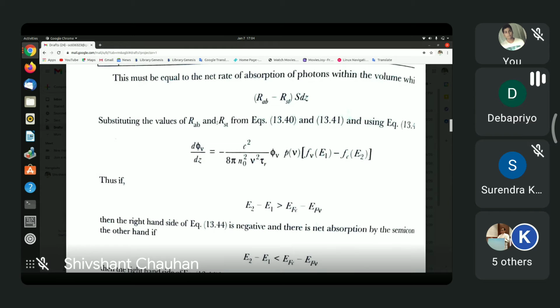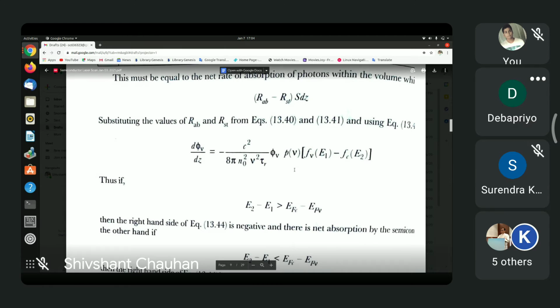These are the factors which were written as f v(Ev) into 1 minus f c(Ec), and f c(Ec) into 1 minus f v(Ev).